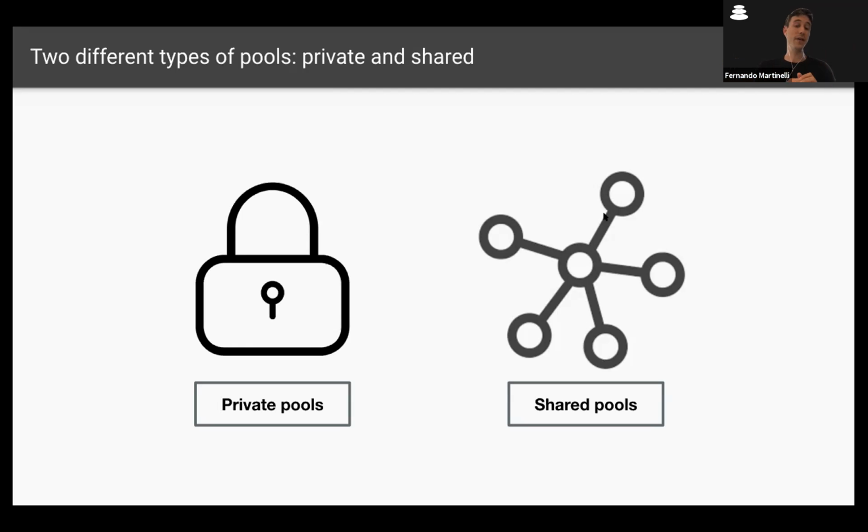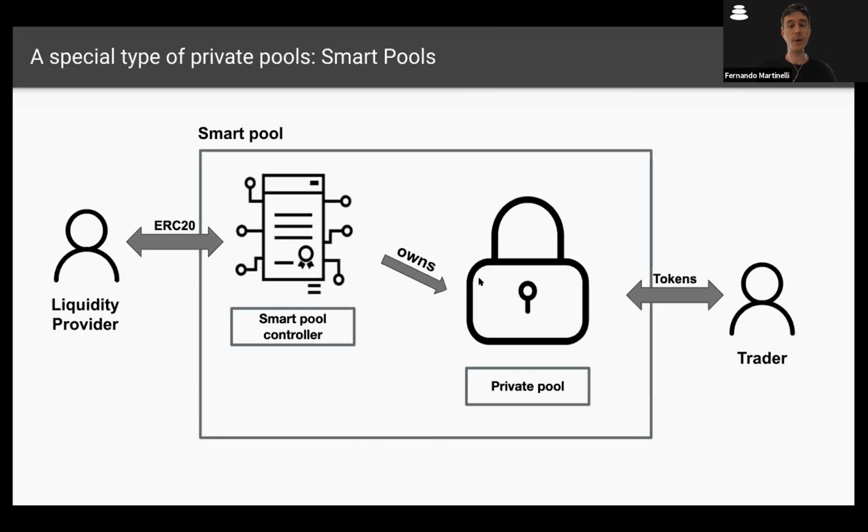There is a very interesting thing that can be built with private pools that we have been working on a lot recently, and it's what we call a smart pool. A smart pool is a private pool with the owner being another smart contract.